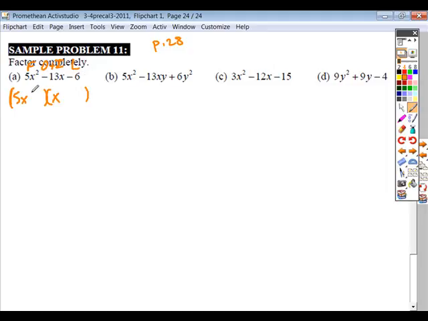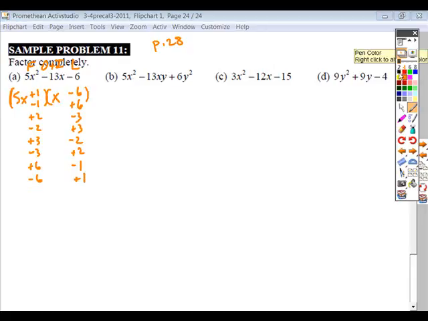You can have a +1 and a -6, a -1 and a +6, a +2 and a -3, a -2 and a +3, a +3 and a -2, a -3 and a +2, or a +6 and -1, or -6 and +1. So here are all the possibilities that you need to check if you're going to do trial and error.